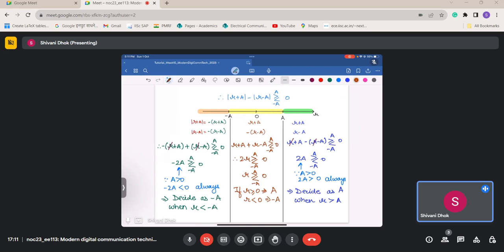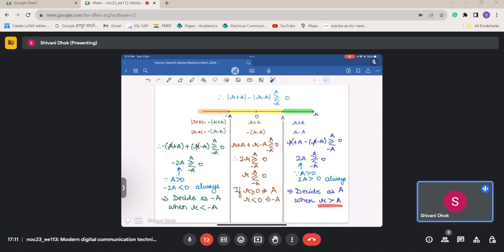Now if we combine these three things that we have obtained here, when r is less than minus a, then we are deciding in favor of minus a. Again, when we are between minus a to 0, we are deciding in favor of minus a. So whenever my r is less than 0, I'll decide in favor of minus a. Similarly, when r is greater than or equal to a, we are deciding in favor of a.